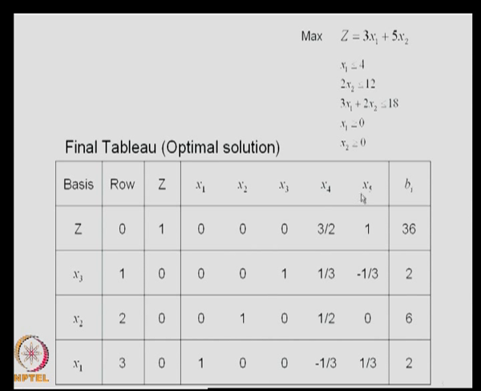See here in this z row, the optimality criterion is met because these coefficients are all non-negative, and therefore we say that the solution cannot be further improved, and we terminate the computations at this point. x 4 and x 5 have non-negative coefficients in the z row, indicating that if you bring any one of them into the basis, then the z value will decrease, it will not increase.